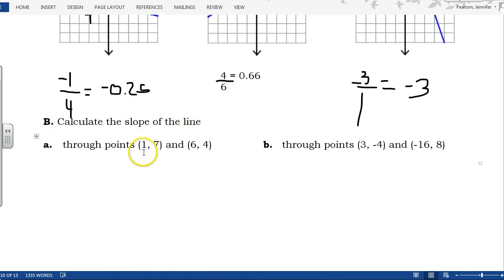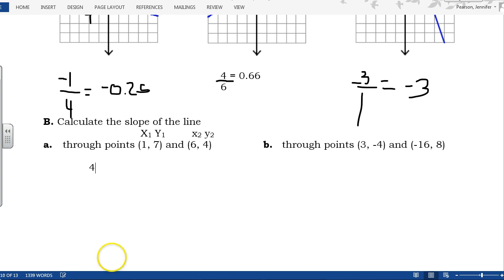So down here, I'm going to start by labeling these points. This is x1 and y1. And over here I have x2 and y2. When the points are labeled, then I can really easily put them into the formula.